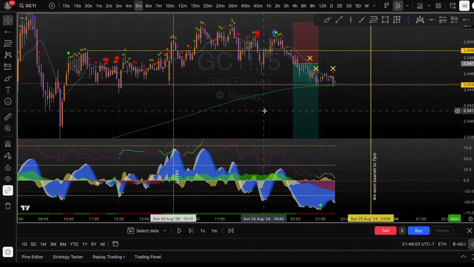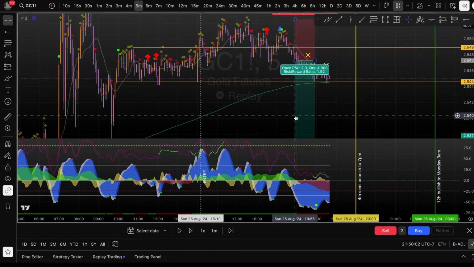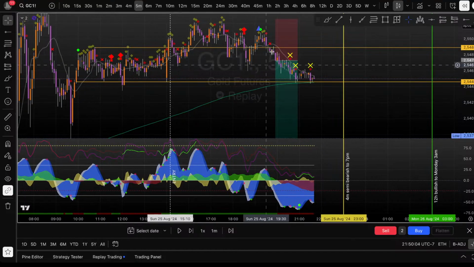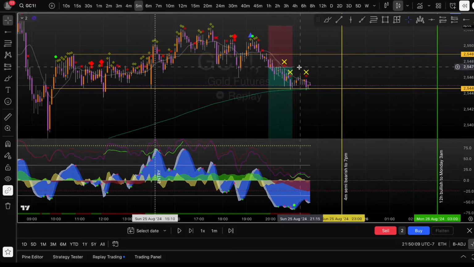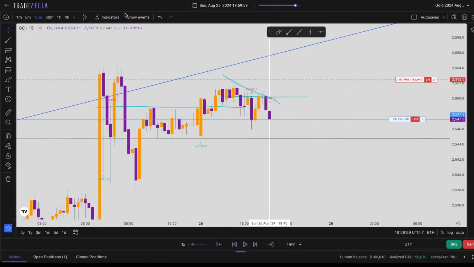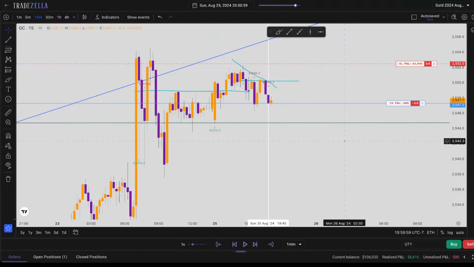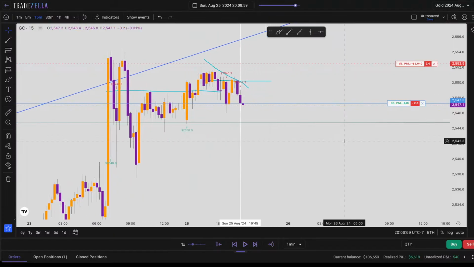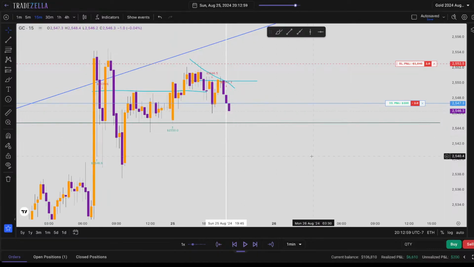There you go. Get under there. You know what? I'm moving stop loss to break even. 2140. So we've been in this trade. We got in at 1945.